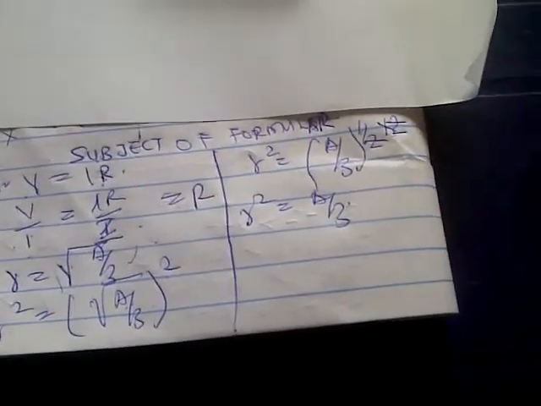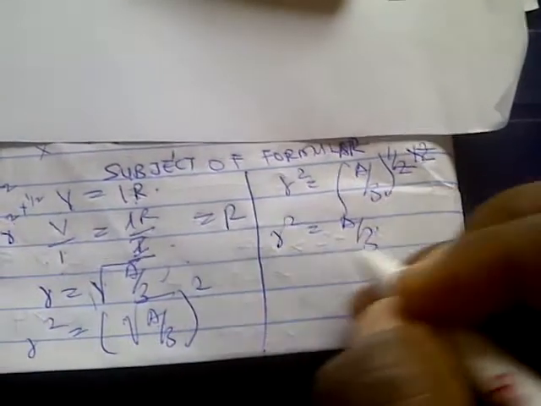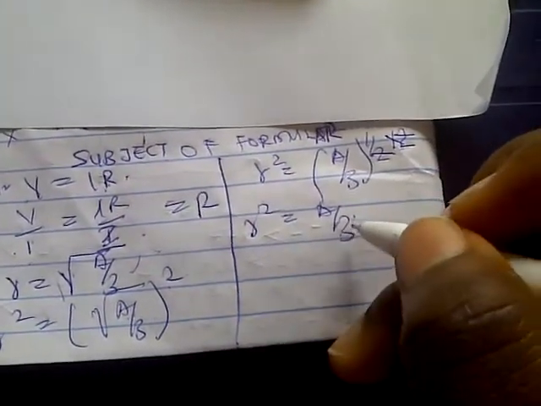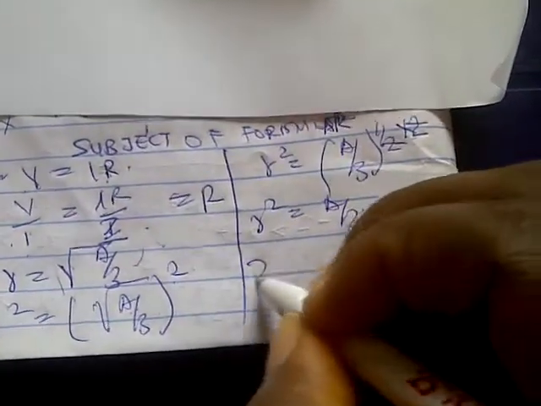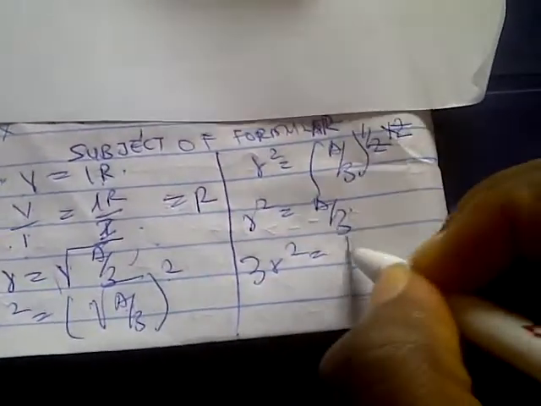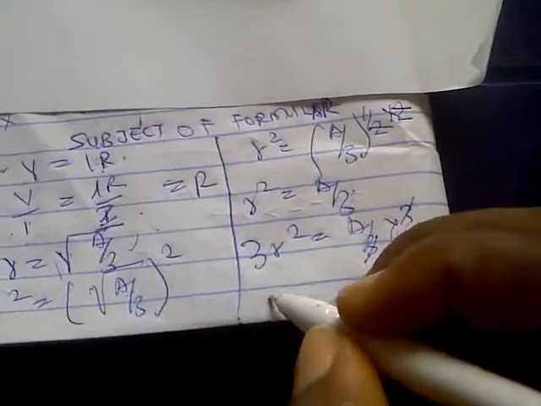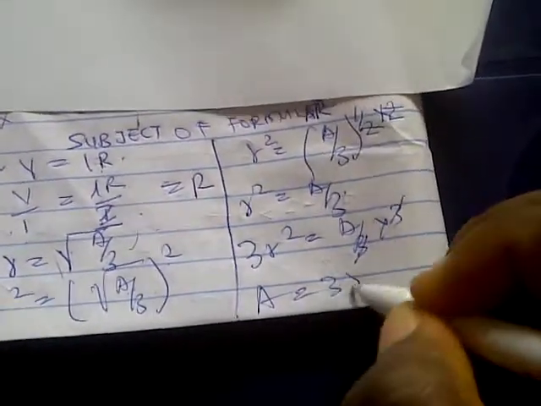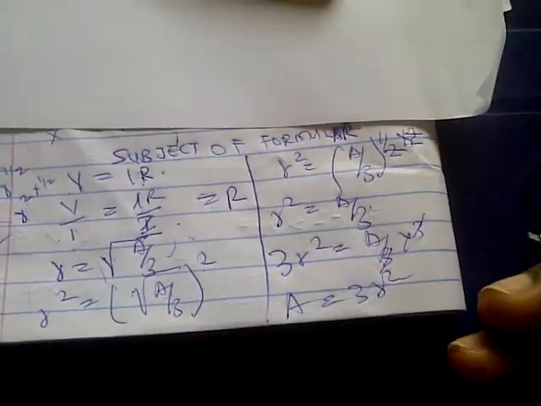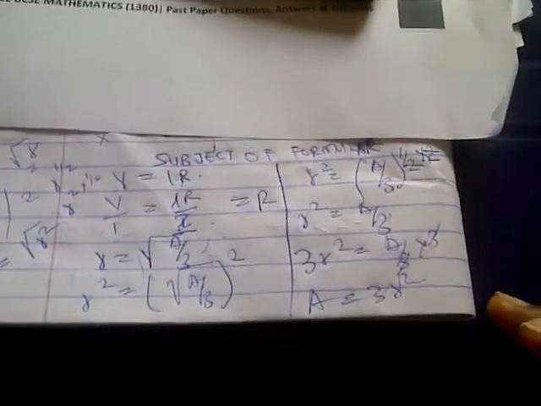To make it not a fraction anymore, we'll multiply both sides by 3. So you have 3R squared equal to A over 3 times 3. Now 3 cancels 3, so you have A equal to 3R squared. You find out that we've simply made A the subject of formula.